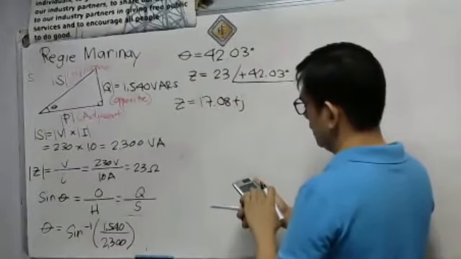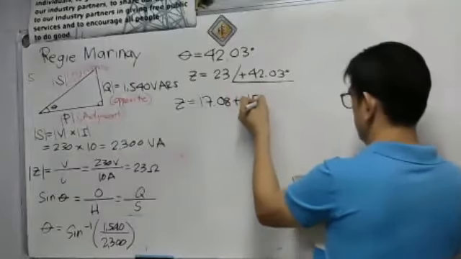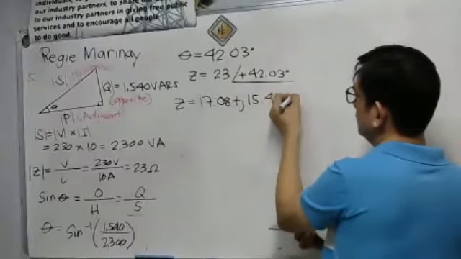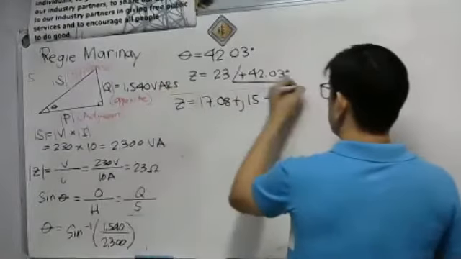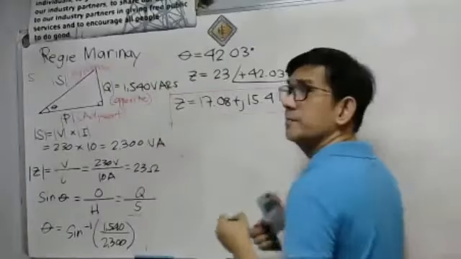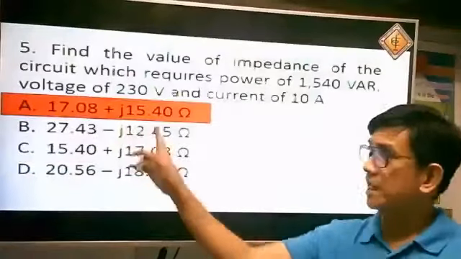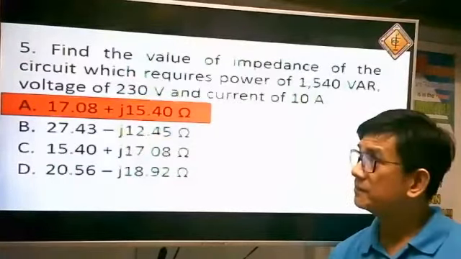That is your 15.4. 15.4 ohms. So that will be our final answer for this problem, and that will be letter E. It's our answer for number 5.